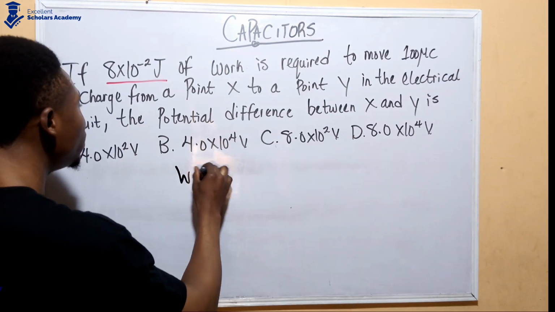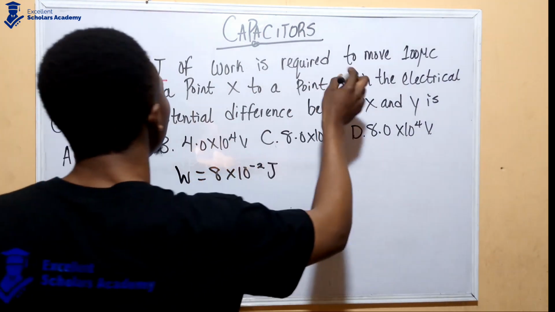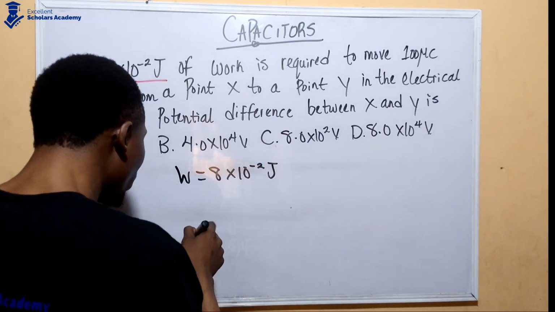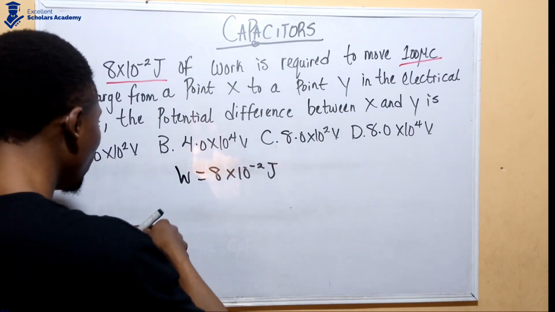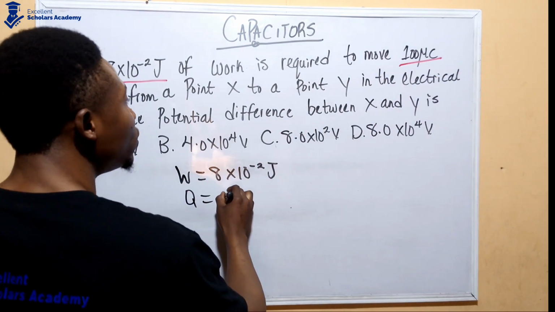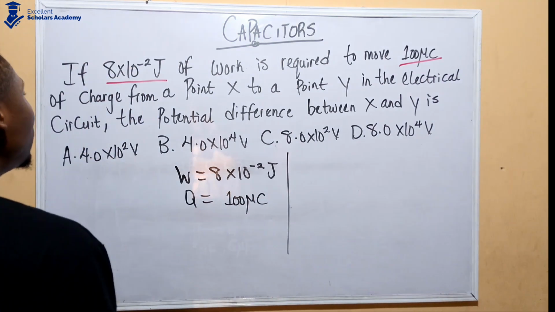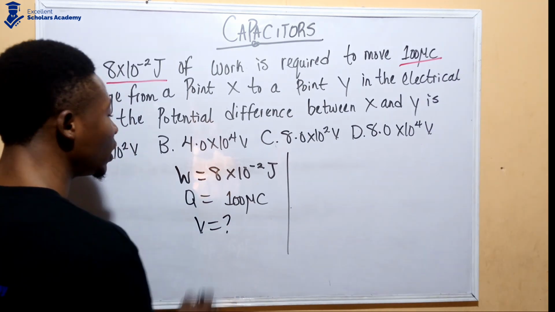So work done is given to you as 8 times 10 to the power of minus 2 joules. Is required to move 100 microcoulombs. That tells you that that is charge. So we are given that Q is equal to 100 microcoulombs. Now we're asked to find the potential difference between X and Y. Of course, we have to find V, which is the potential difference.